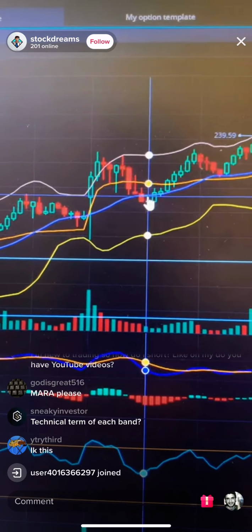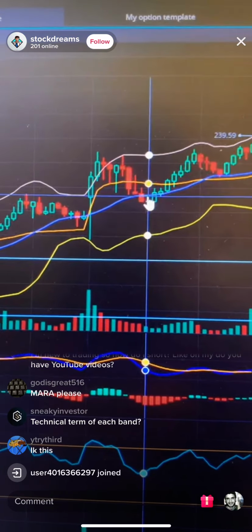Pivot points equals support plus resistance. You have your R1, R2, and R3; these are your resistance.